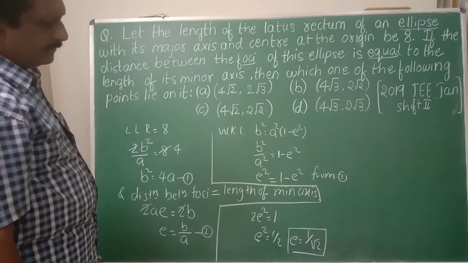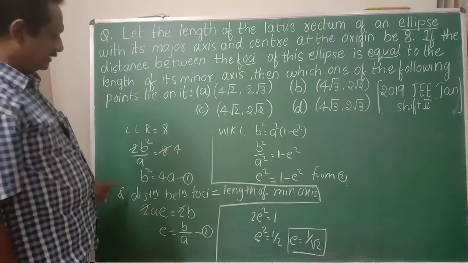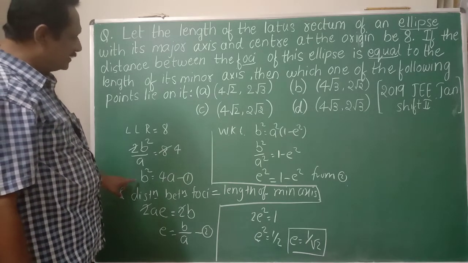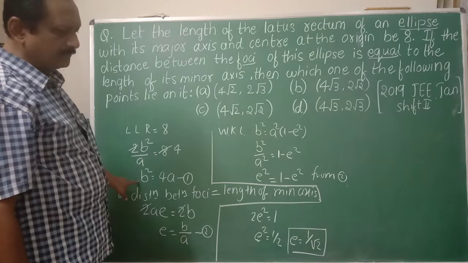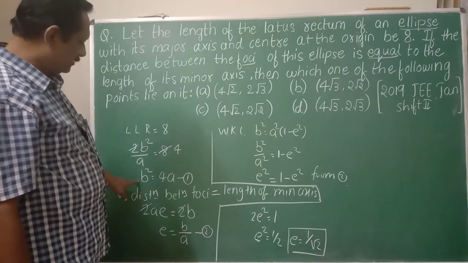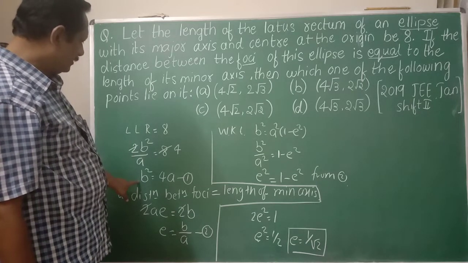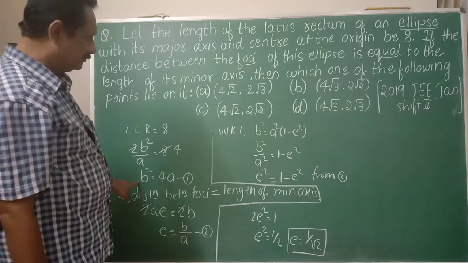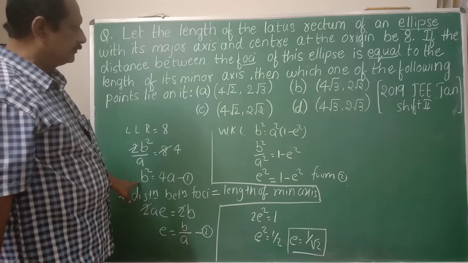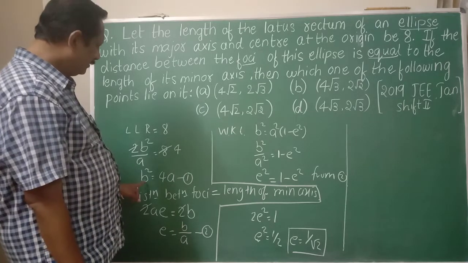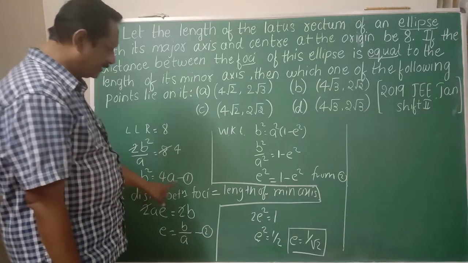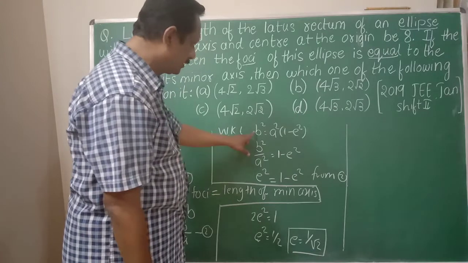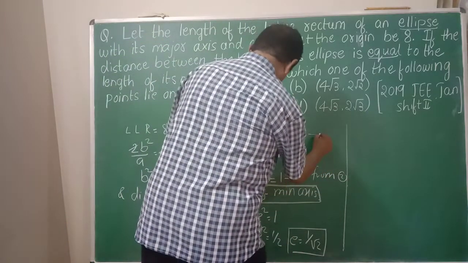Then from this result, b² is equal to 4a, and the eccentricity is 1/√2, so you can use these. Take this as equation number 3.